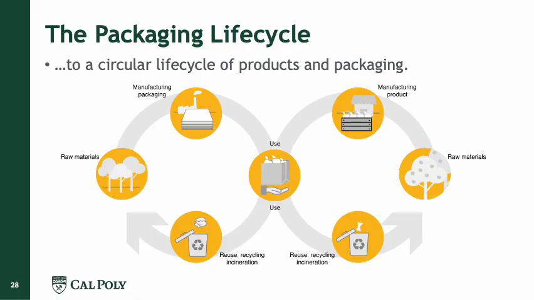This is the interest and the work that is being done to make it more of a circular life cycle, and to have both the package and the food in this circular cycle, and then stay more time in the lifespan and not just be disposed of.